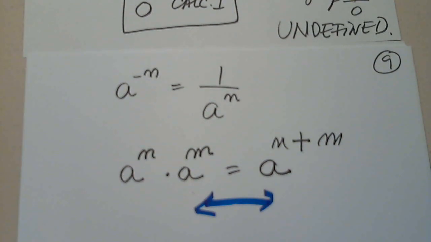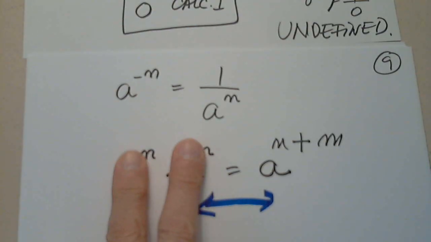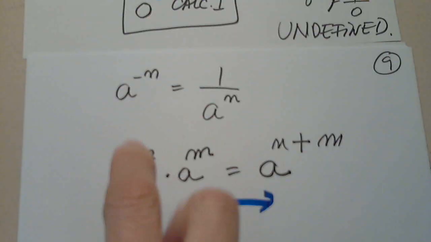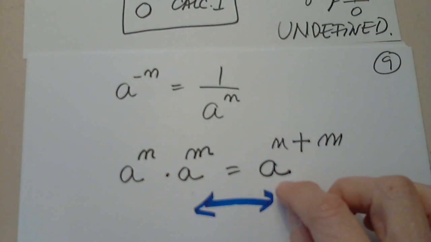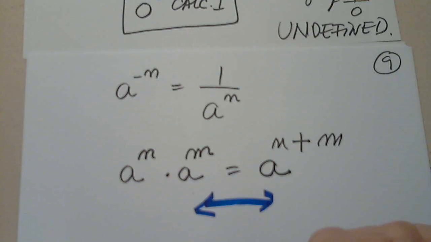Now, how will you explain this rule to anybody? You will say this. When you multiply two exponential notations having the same base, that's mandatory, having the same base, don't touch the base. Just copy the base. Don't do anything to the base.